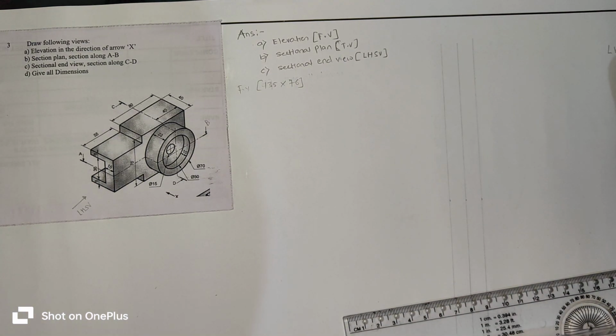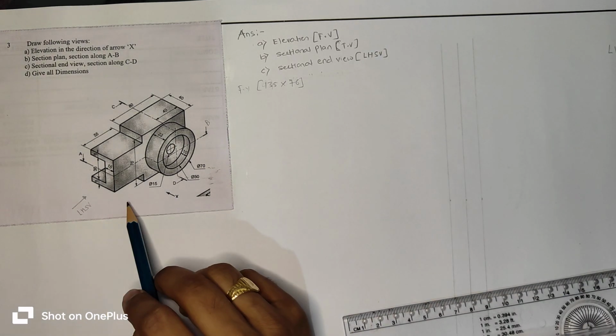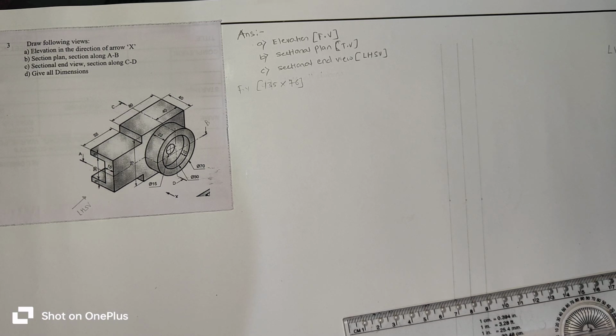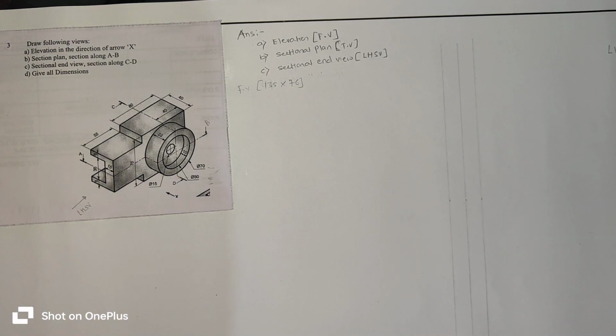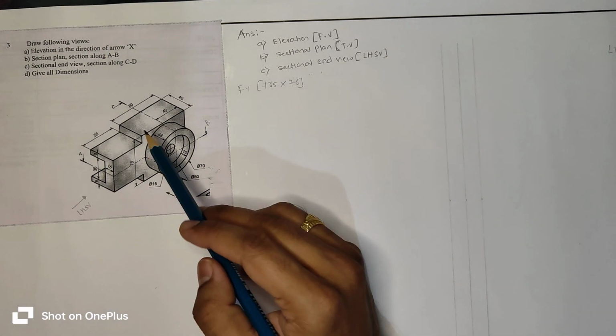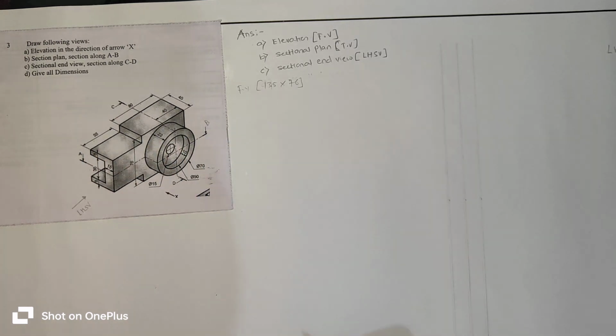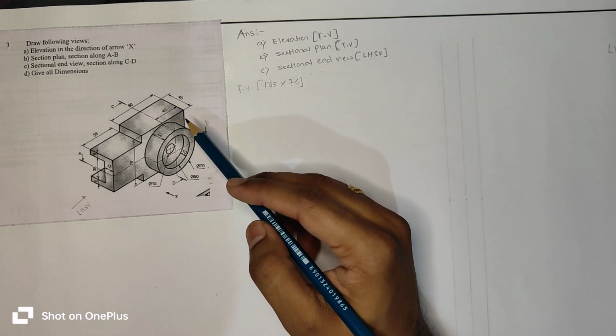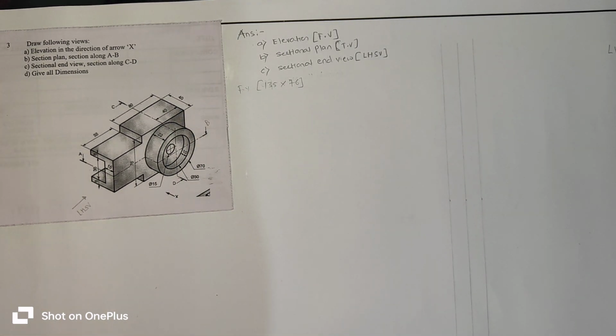Then for LHSV we require 62 width and height 76. Then for top view we require 135 length and 62 height.